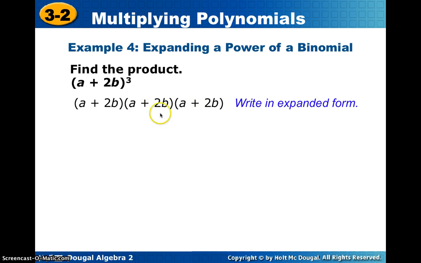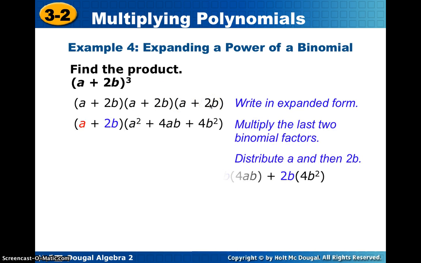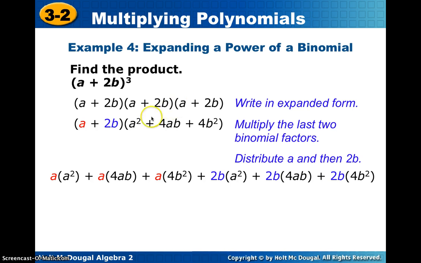Let's take the last 2 terms here and multiply them together first. We're going to do the same FOIL method that we did before: distribute the a to the a and the 2b, and the 2b to the a and the 2b. Okay, so we distribute that and we get this.